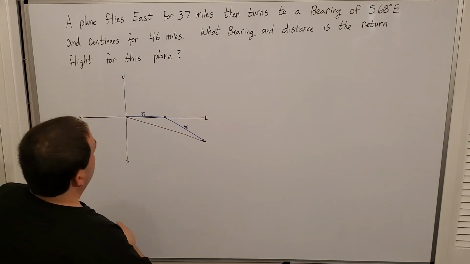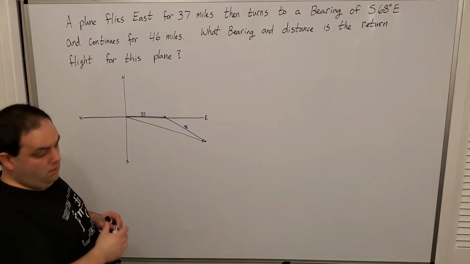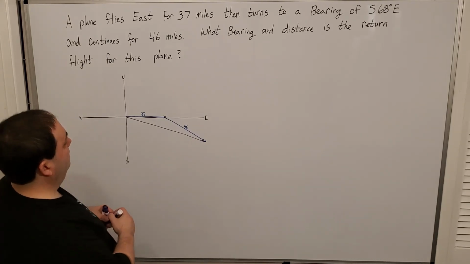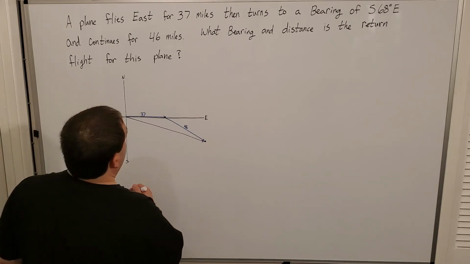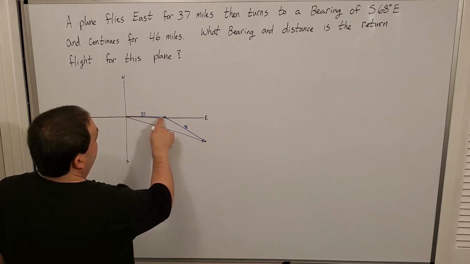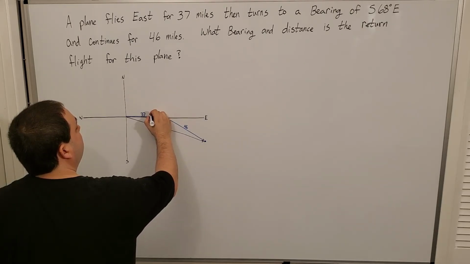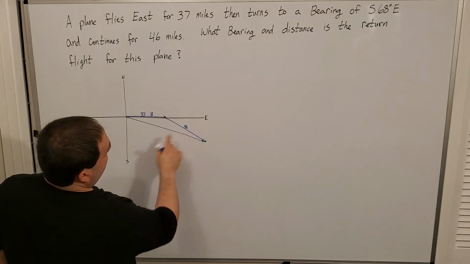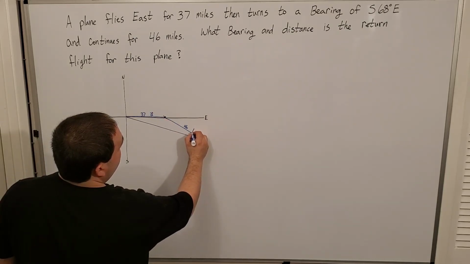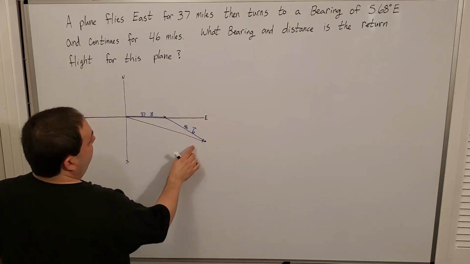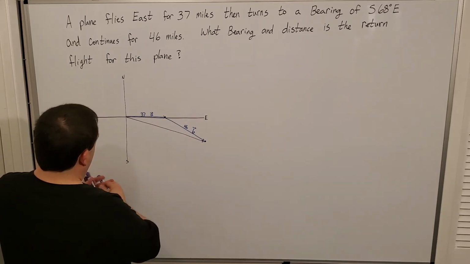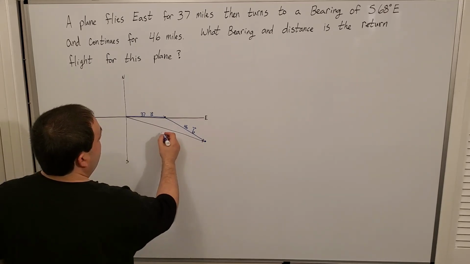Okay, let's do this. Let's make the first vector right here, we'll call that vector A. The second leg right here, we'll call it vector B. And the third leg right here, we'll call vector C.